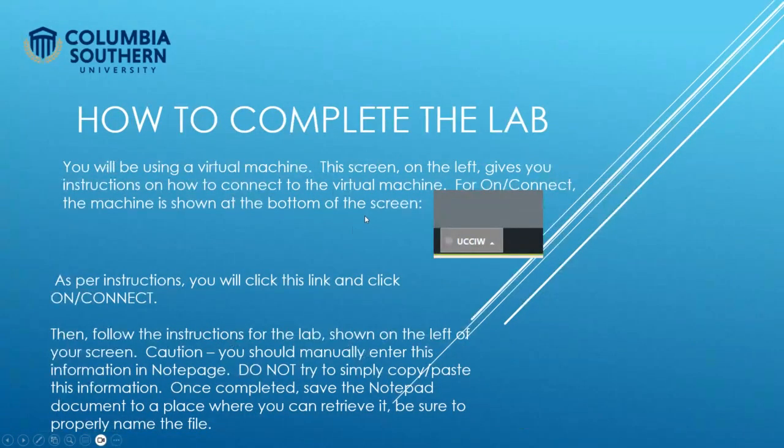The screen on the left gives you instructions on how to connect to the virtual machine. For connecting, the machine is shown at the bottom of the screen. As per the instructions, click this link and click connect. Then just follow the instructions for the lab that are shown on the left of your screen.